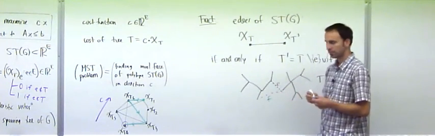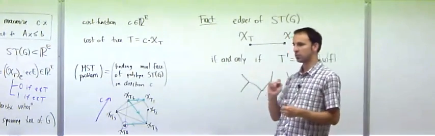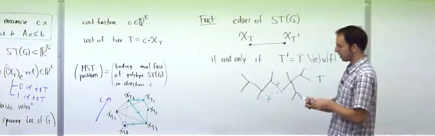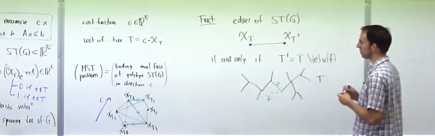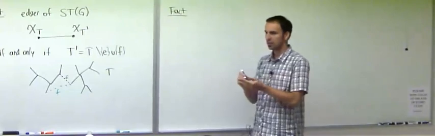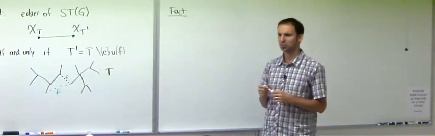Okay. So that's a beautiful polytope. It's a beautiful polytope where you can describe the edges very exactly. Another fact that's a consequence of this is, let's think about this: how big is this polytope?